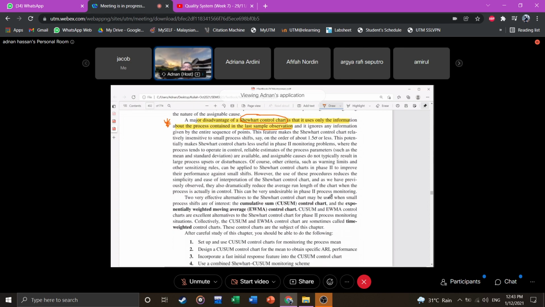Because of this, based on the 1 point, this is referring to when we are talking about 1 point outside the control limit, not referring to the runs rule. This creates insensitivity of the chart to small process shifts. When we say small shift, it is 1.5 sigma or less.